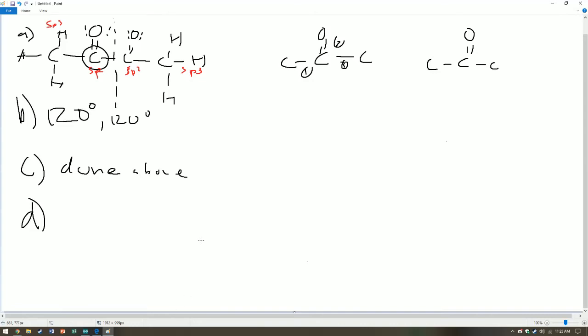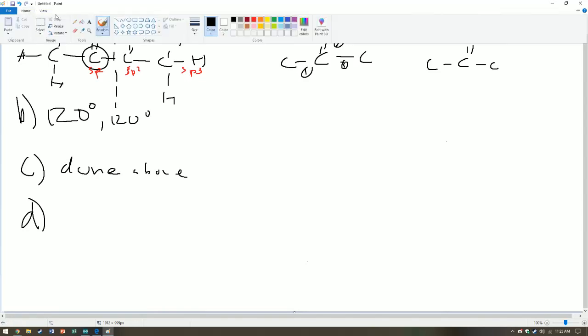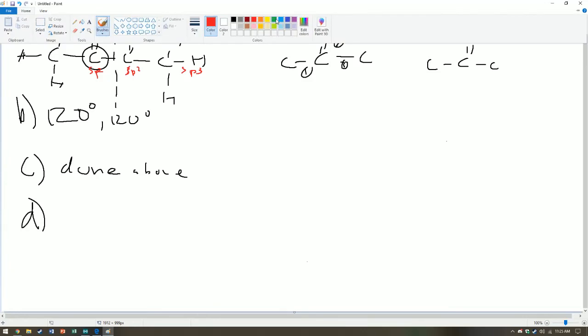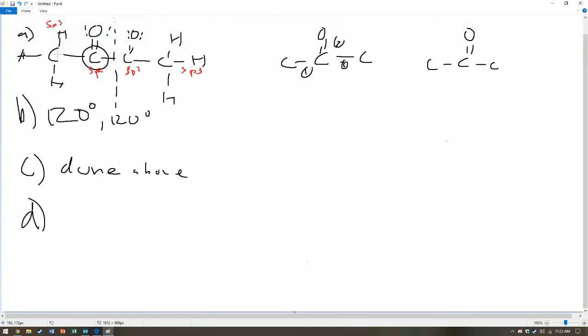So can this, and this, all lie in the same plane? Well, in order to answer that question, we have to think a little bit creatively. We know that's trigonal planar.